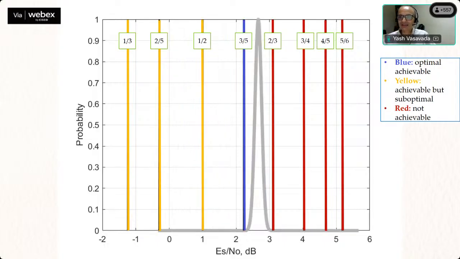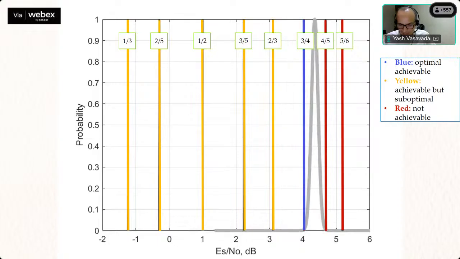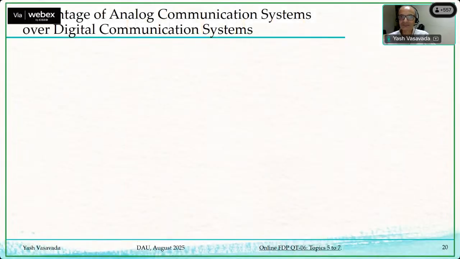But as SNR increases, you are able to increase to higher and higher coding rates. So this is something that can happen only in a digital communication system which does this noisy channel coding and modulation schemes. This is not possible in analog systems.